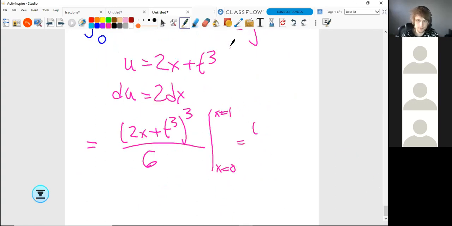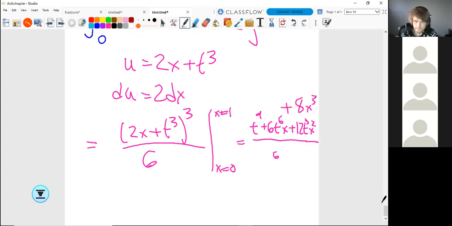So that is equal to t to the 9th plus 6t to the 6 x plus 12 t cubed x squared plus 8 x cubed, evaluated from x equals 0 to 1.